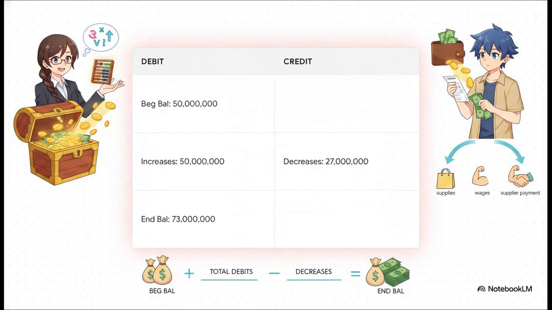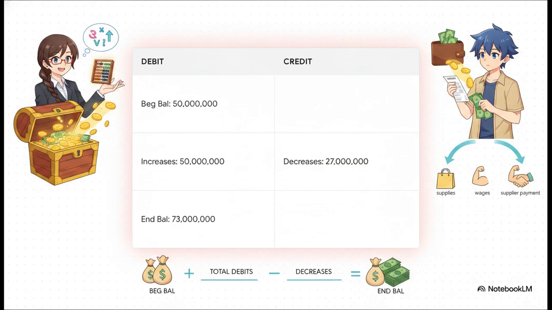Let's actually walk through the math for Ondoon Company's cash account, which is account 111. Since cash is an asset, its normal balance is a debit. We start with a beginning balance of 50 million dong. During the period, we collected 30 million from sales and 20 million from a customer's debt. We debit these increases. That gives us 50 million in total increases.